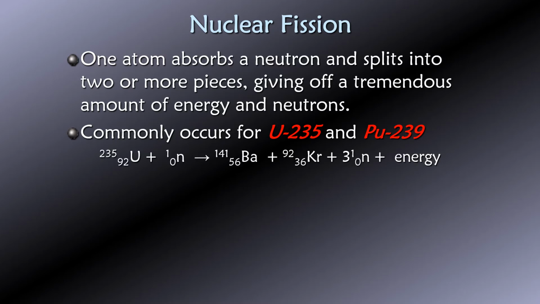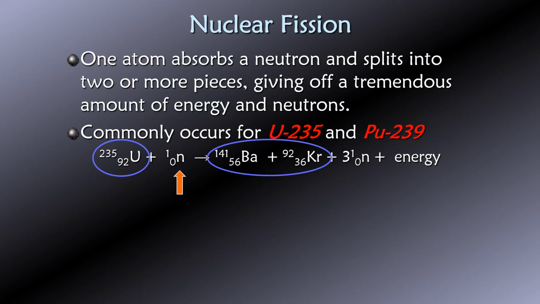Okay, so here's how the equation for nuclear fission of uranium-235 looks like. What this equation is telling you is that a uranium-235 isotope is absorbing a neutron, and then it is splitting into two other isotopes, barium-141 and krypton-92.